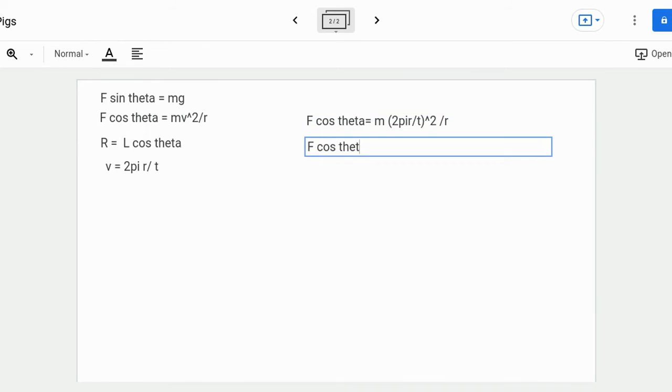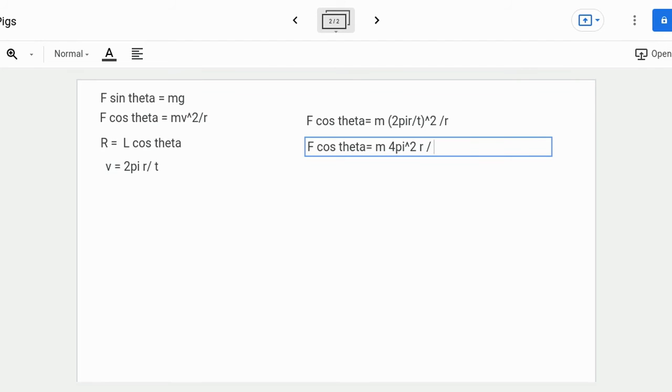Just a little bit of algebra to straighten out this equation. Multiplying out the square of 2 pi r over t gives us 4 pi squared r squared over t squared, and all that over r. So we're going to cancel out one r, which leaves us with m 4 pi squared r over t squared.